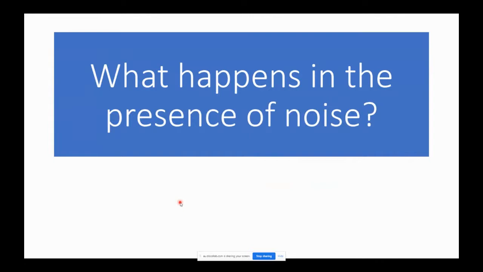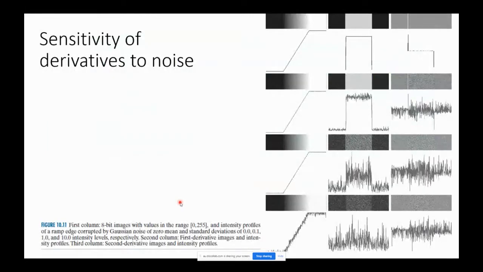So what happens in the presence of noise? Obviously, noise makes everything more difficult. If I have an image like this, this is the image, this is the variation, this is the first derivative, and this is the second derivative.